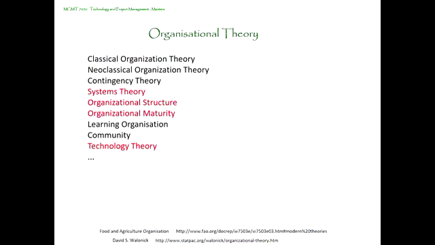Here is a list of organisational theories associated with that trajectory of management theory. The ones in red are the ones that we'll talk briefly about. So we've talked about technology. This is a list that comes from the Food and Agriculture Association. We've talked a bit about technology theory.